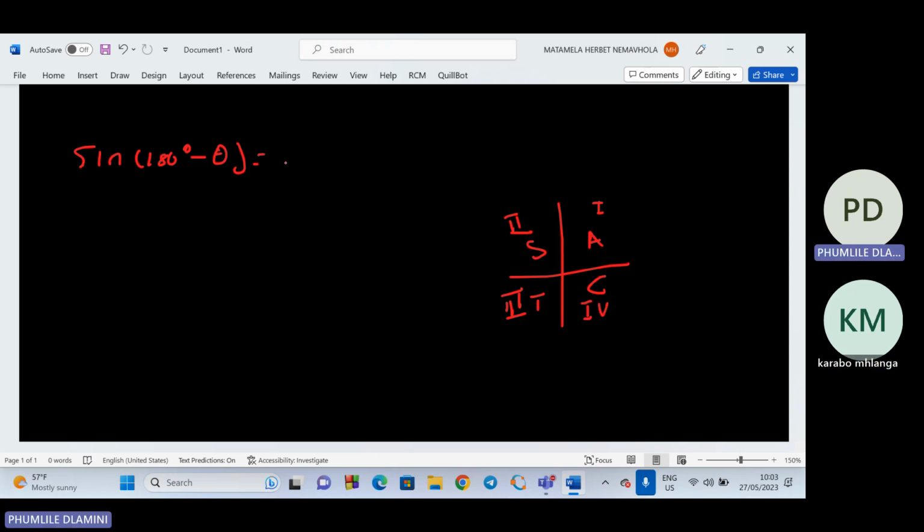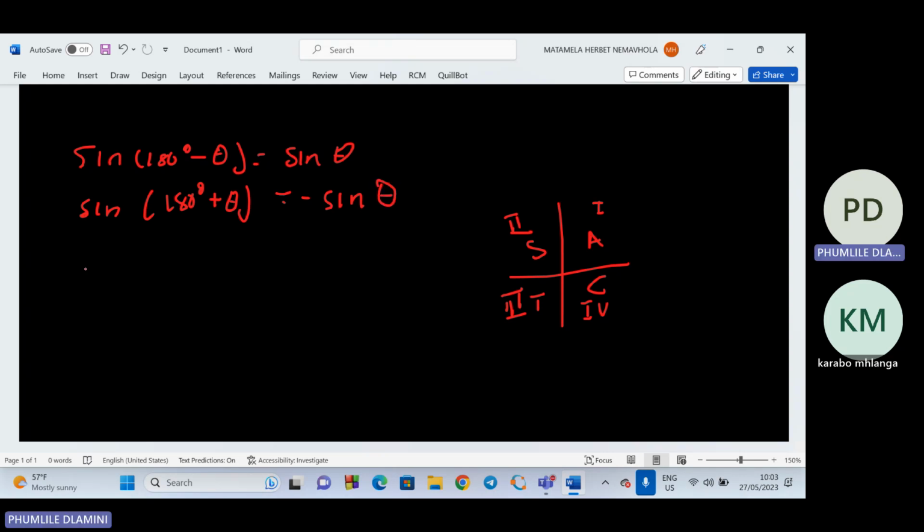Sine of 180 degrees minus theta equals sine of theta. But sine of 180 degrees plus theta is no longer in the second quadrant, it is in the third quadrant, and in the third quadrant sine is negative. So the answer becomes negative sine of theta.